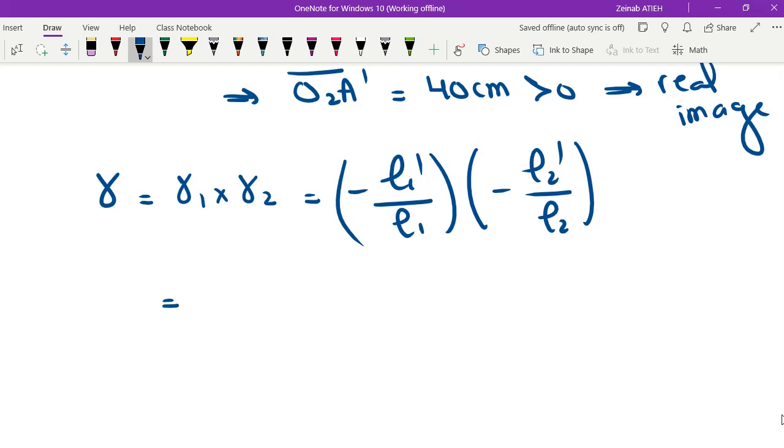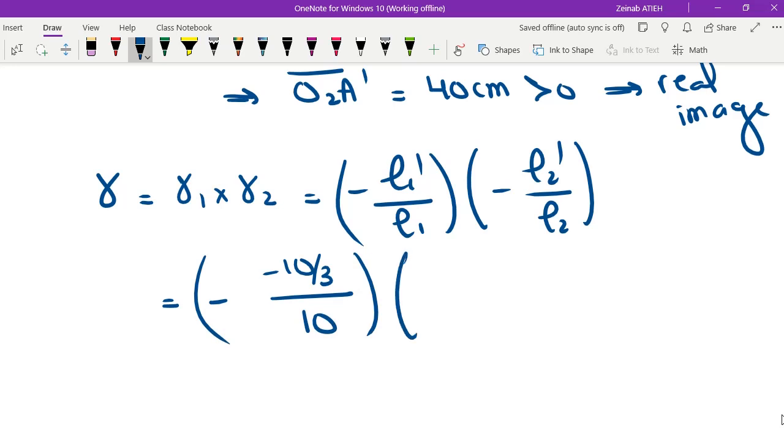Equals minus، هلا قلنا نحن ال L1 prime كانت minus 10 over 3 over ال L1 هي 10، في minus. من القاعدة، بس الماينس مع الماينس رح يروحوا بكل الأحوال. I will keep them, بعدين بشيلهم. في عنا minus. هلا ال L2 prime كانت 40 over ال L2 هي عبارة عن 10 over 3 plus 10، يعني بيطلع عندي 40 over 3, like this.